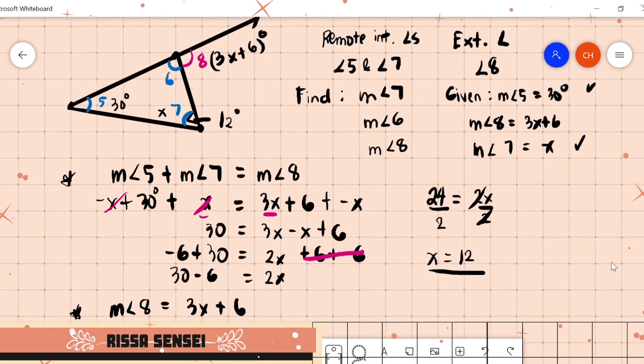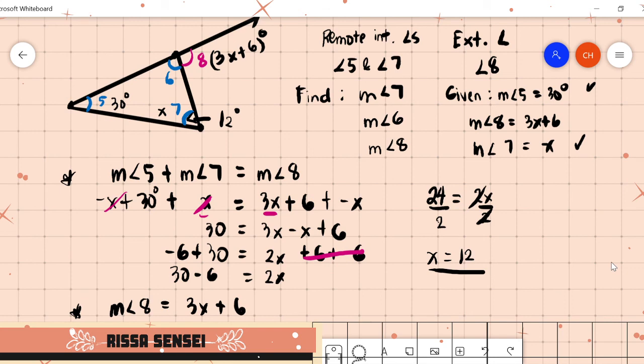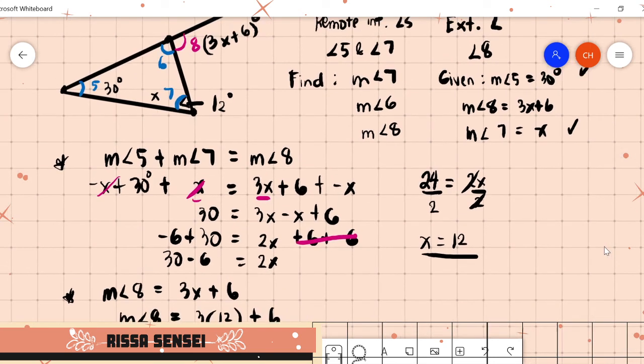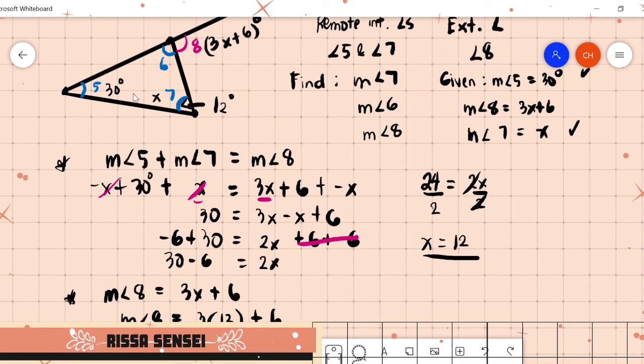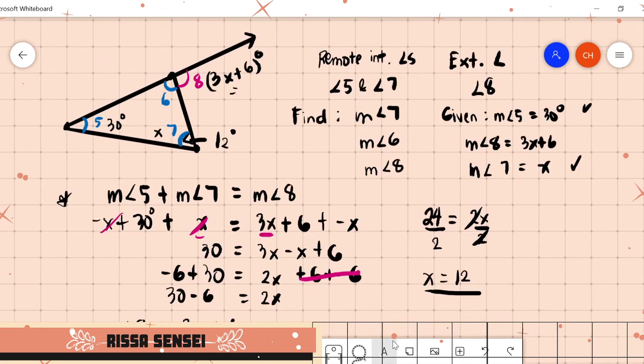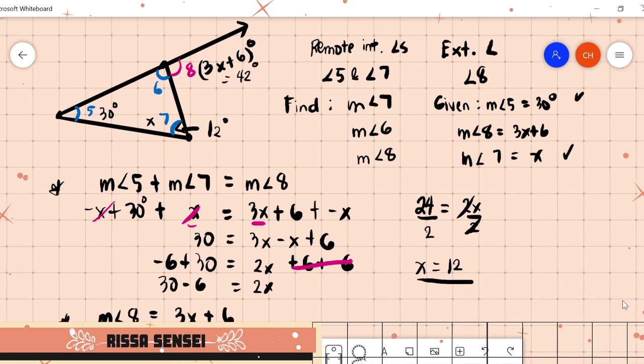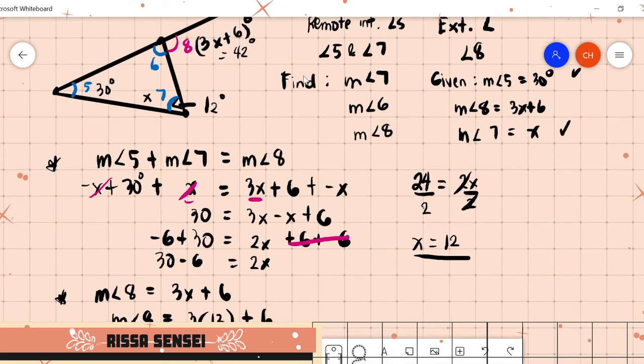And lastly, paano naman natin makukuha yung sukat ng angle 6? Ito ay 42. Paano natin makukuha yung sukat ng angle 6? So, that's just 180 minus 42. Kasi, angle 6 and angle 8 are supplementary.